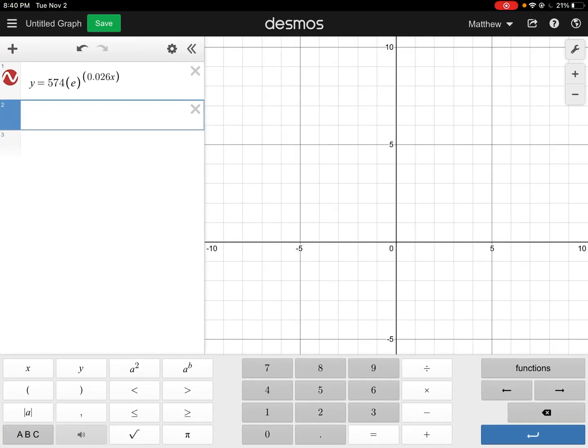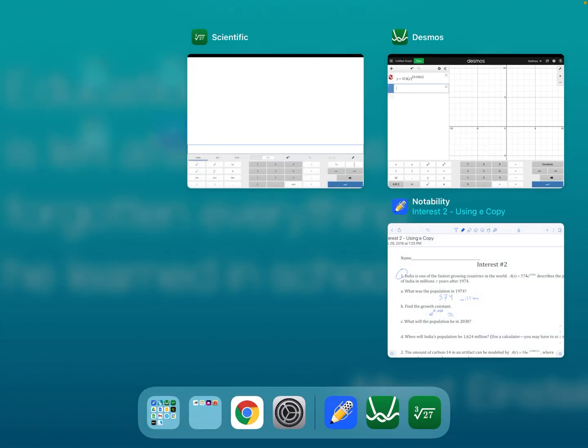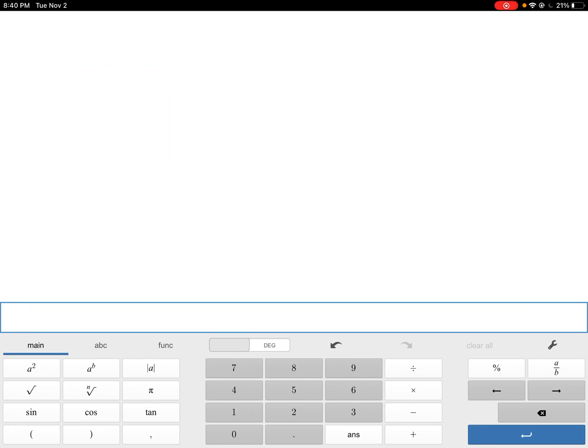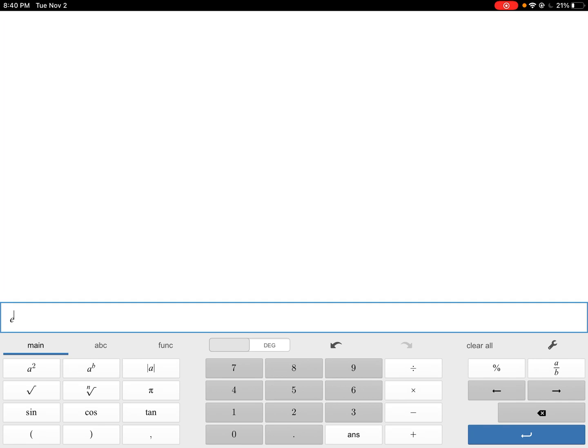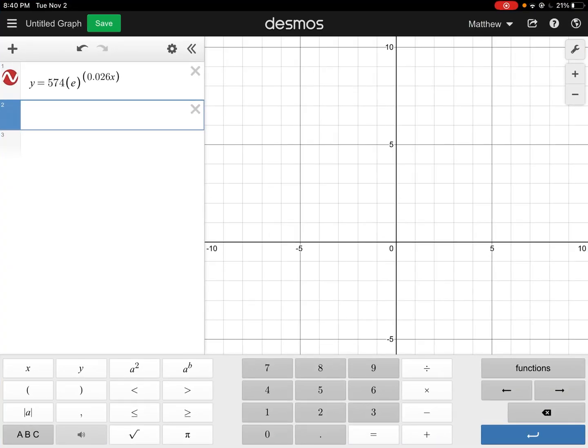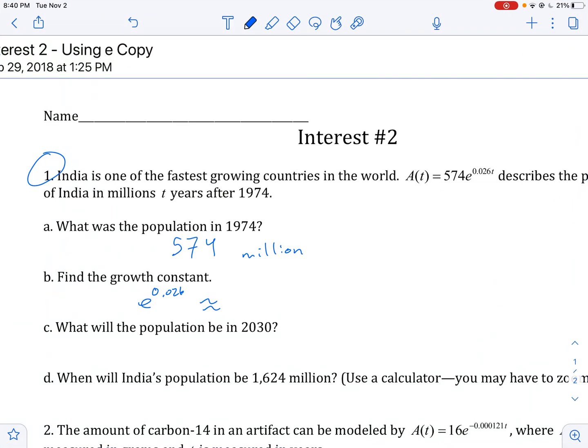So I'm going to use my handy dandy Desmos calculator, the one that lets me compute stuff. I'm going to push e, exponent 0.026. And on the right side here, I got my number, 1.02634, etc. I keep selecting the wrong thing.